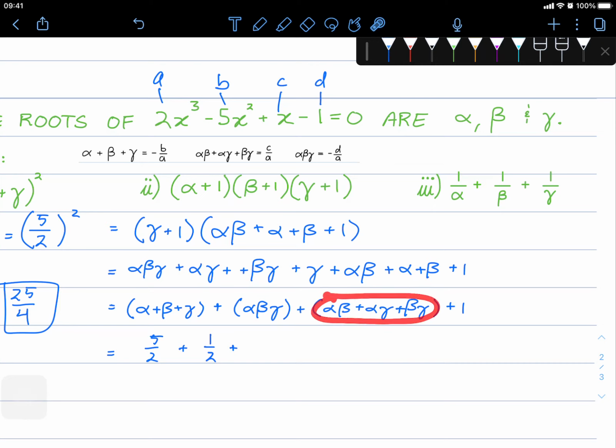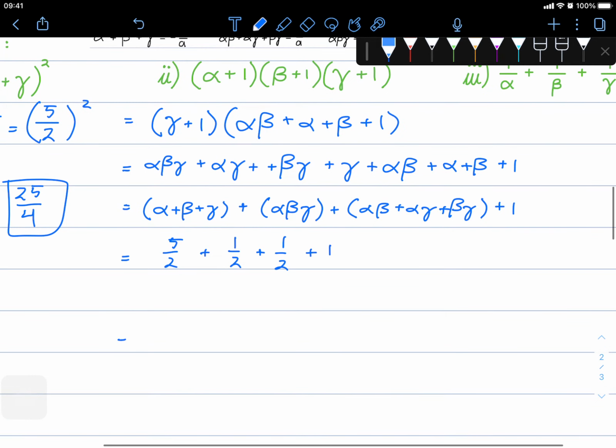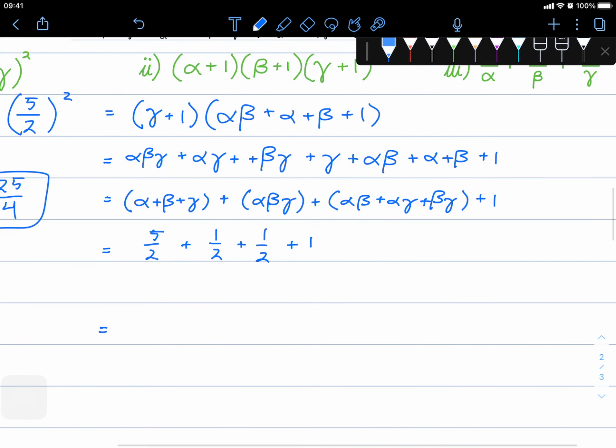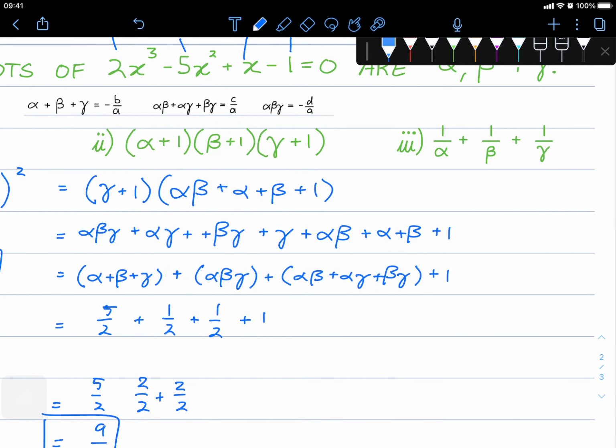Alpha beta plus alpha gamma plus beta gamma is c on a. c on a is 1 on 2. And lastly from here, we're finished with this expression, plus 1. All in all, adding all of these together, that's going to be 2 on 2 plus 2 on 2, 5 on 2. That's going to be 9 on 2. So all of this is equal to 9 on 2.